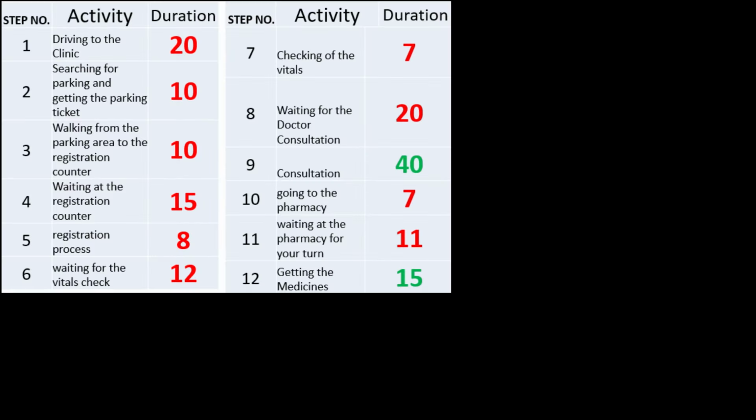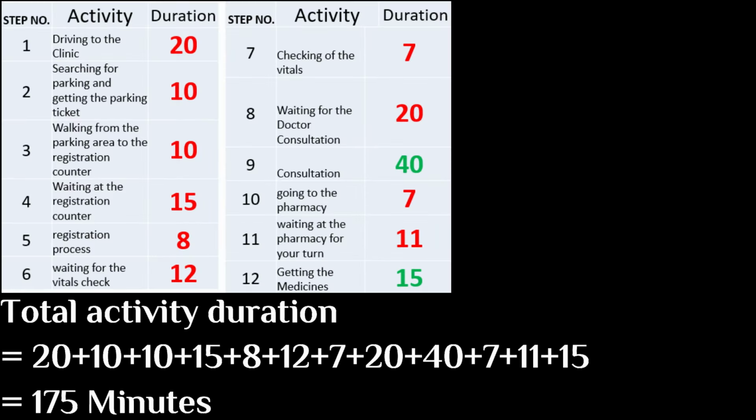In our case, the total activity duration is the summation of all the red and green figures that you see on the screen, which is 20 plus 10 plus 10 plus 15 and so on. And the total comes to be 175 minutes. So that is the total time consumed by all the activities.